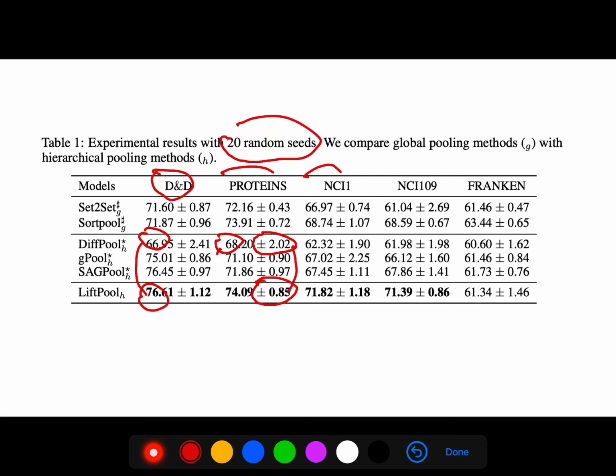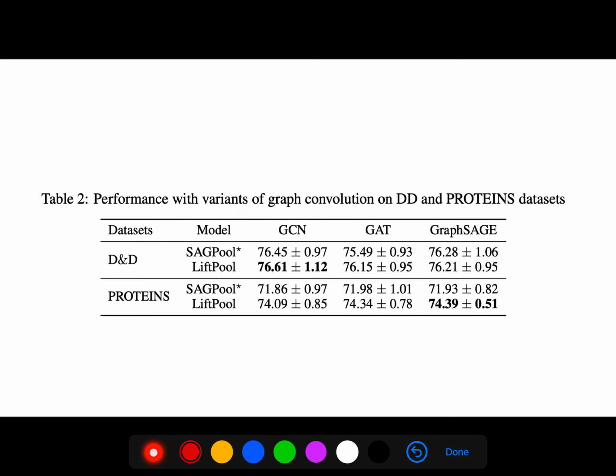Also, the accuracy is improved, both the mean and the variance. And you see it even for different data sets. It's an improvement. If you compare it to LiftPool, this one is much better. And they did it for GCN and graph attention. They compared with graph stage.